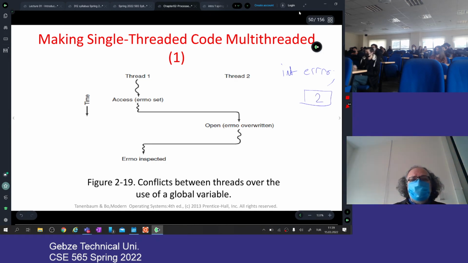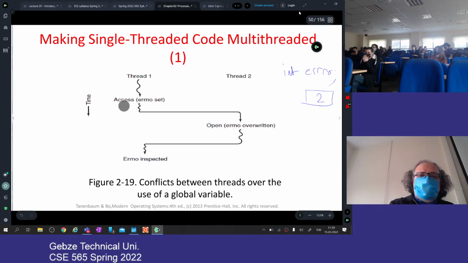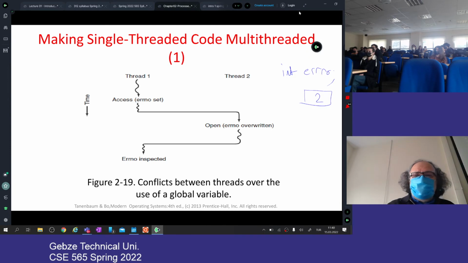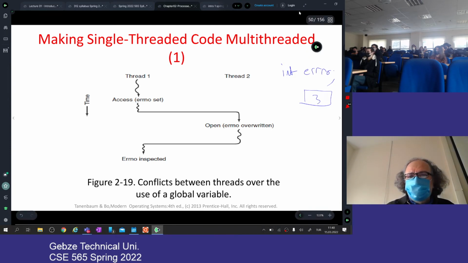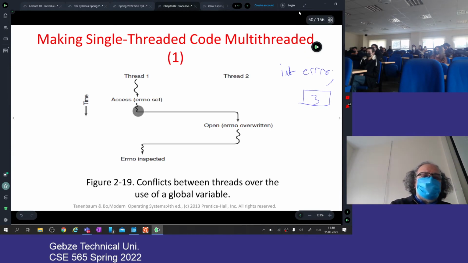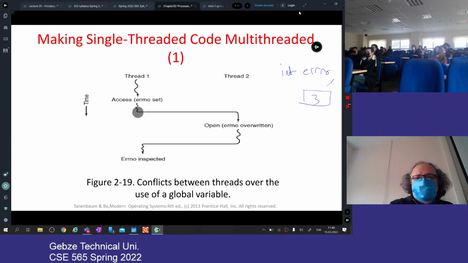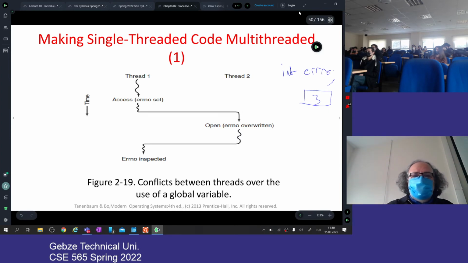This thread number 1 accessed it, and it made it 3. Soon after that a thread switch occurred, and thread 2 is running. Thread 2 started running and it accessed the same errno and made it 4. And another switch occurred and thread 1 is running. Thread 1 reads errno, it is expecting to find the 3, but there is 4 there.